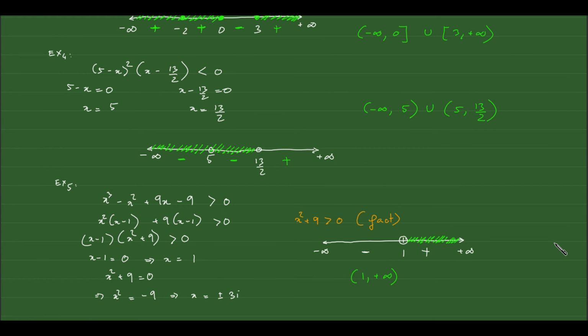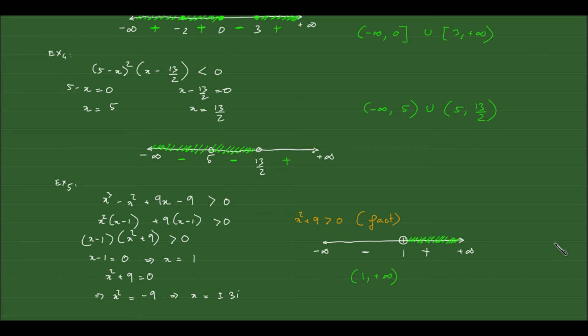There's also another way to solve polynomial inequality. It is to use a graphing calculator. If you have a TI-84, you can go ahead and put the function in as a polynomial function. Okay, and when you hit graph, you're gonna find the intersection points between the graph and the x-axis, and you see what part of the graph is above the x-axis and what part is below the x-axis.